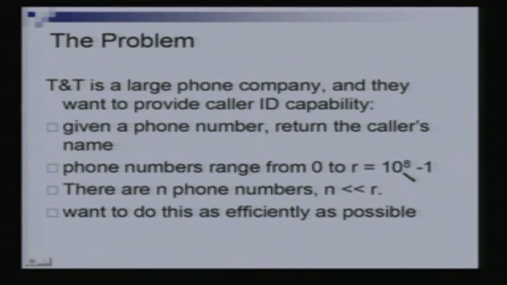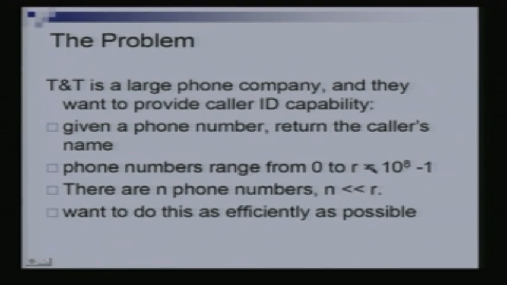Of course, the number of different phone numbers is much less than this. The range is 100 million, but maybe Delhi has only about a million different phone numbers. That is because not all numbers are present. So, there are n phone numbers and n is much smaller than r.